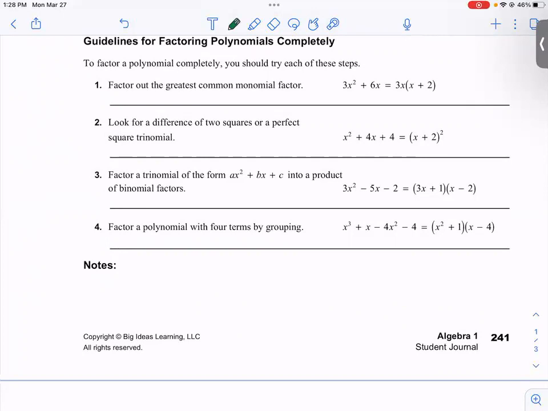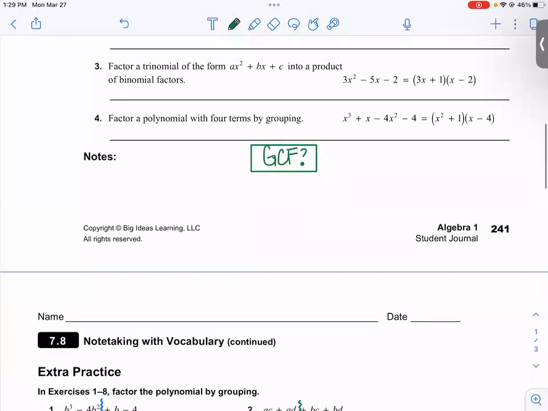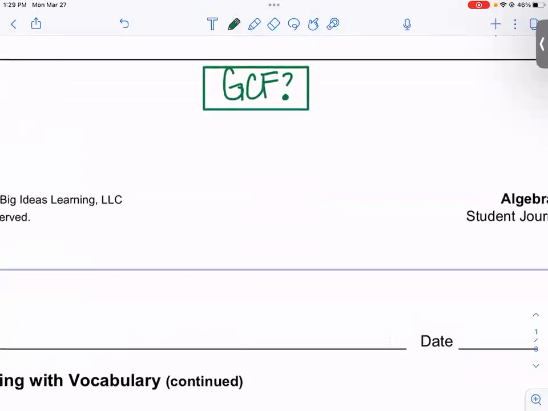In order to be able to factor, you must always look for the GCF first. So you need to ask yourself, is there a GCF? If there's not a GCF, then we can move on. If there is a GCF, you're gonna factor it out, and then you're gonna move on.